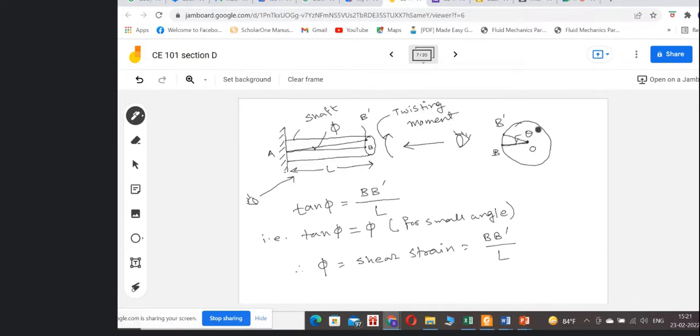So this theta is nothing but the angular movement of radius OB due to the strain in the shaft length.